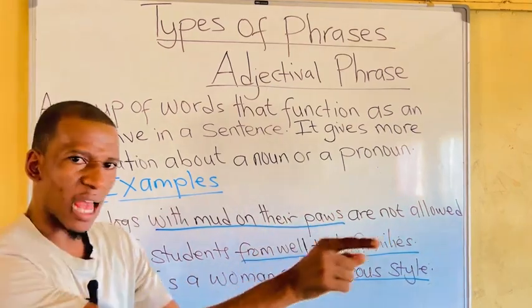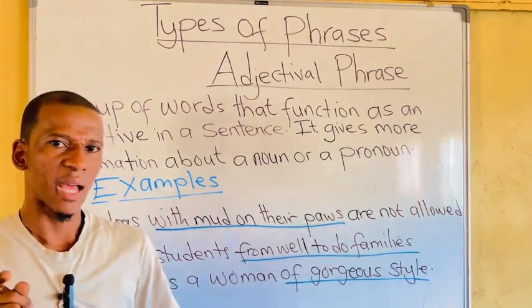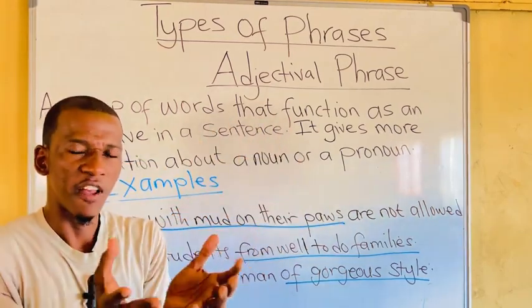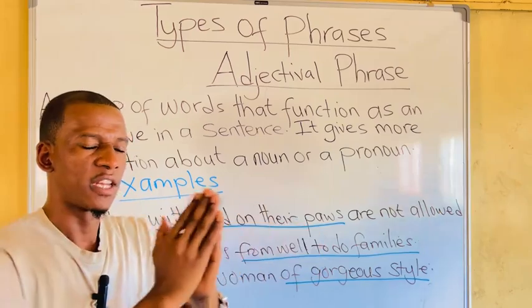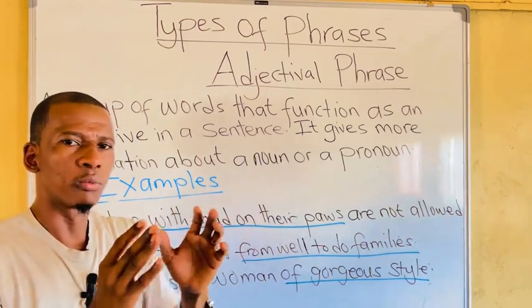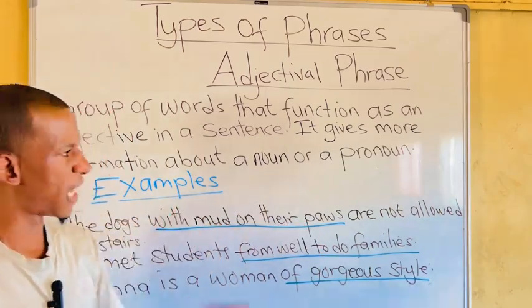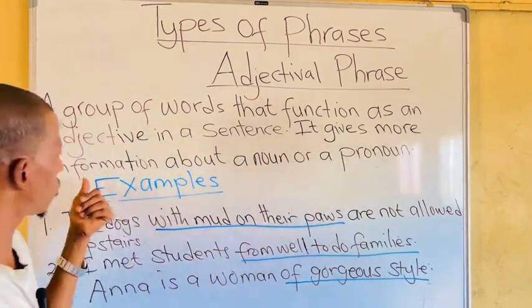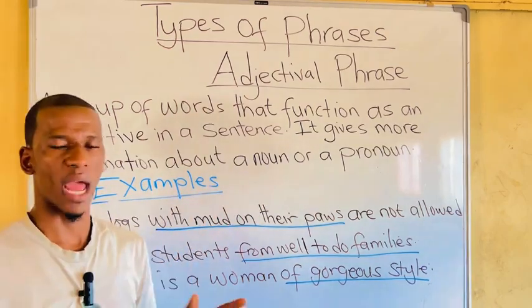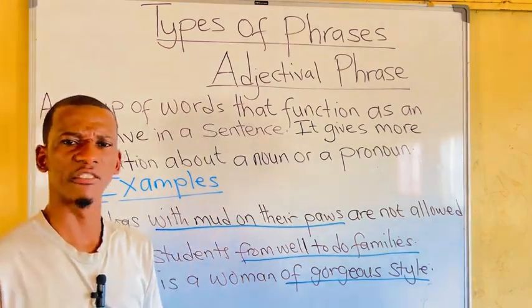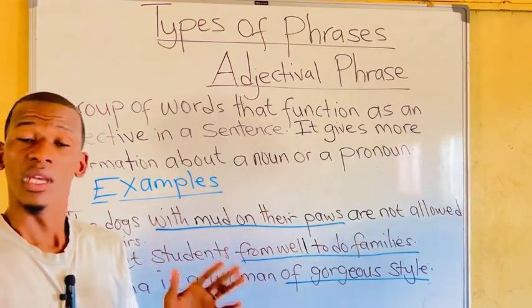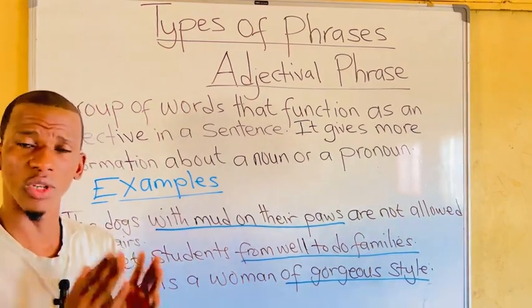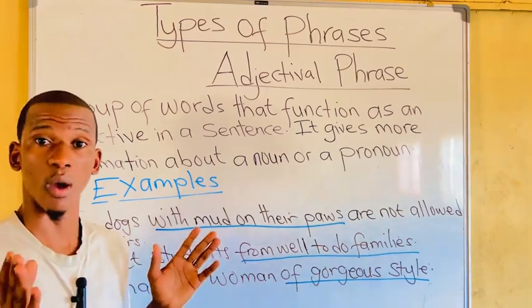The group of words are underlined, and if you look at them as a whole, they are focusing on a noun. They are telling us more information about a noun. That is why it says it gives more information about a noun or a pronoun. That is what an adjective does in a sentence.